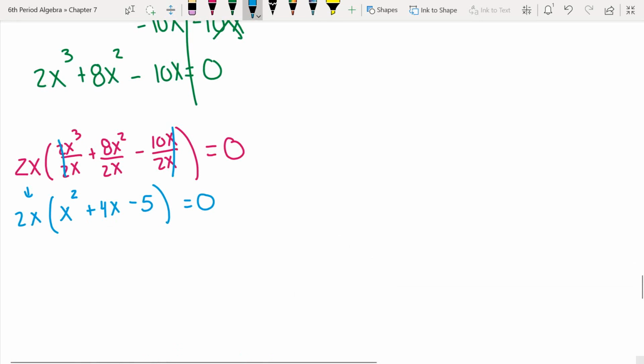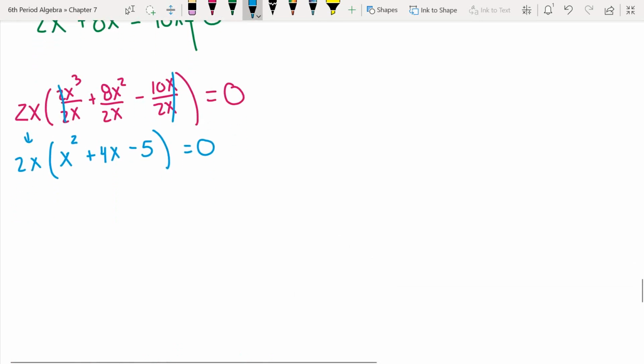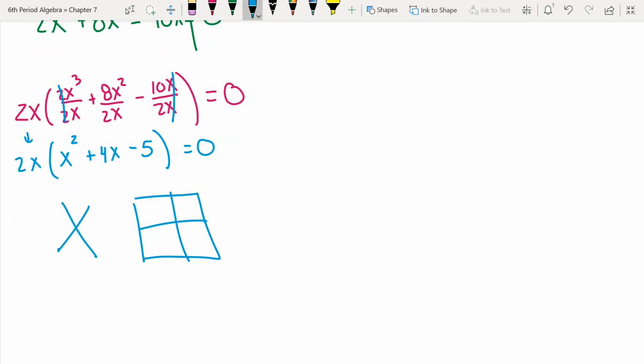I still have a trinomial inside my parentheses, so I am going to factor it even further. So I'm going to use my x box on the inside here. A times c is negative 5, b is 4. What multiplies to negative 5 but adds to a positive 4? It's a positive 5 and a negative 1.